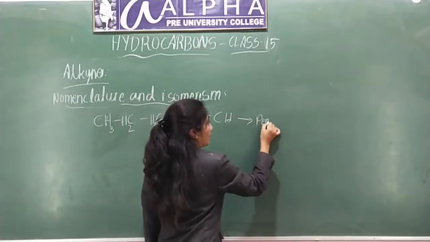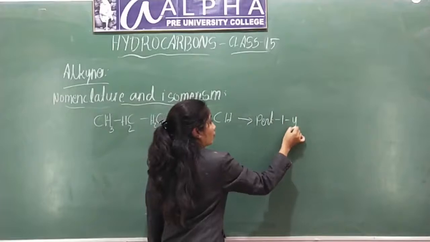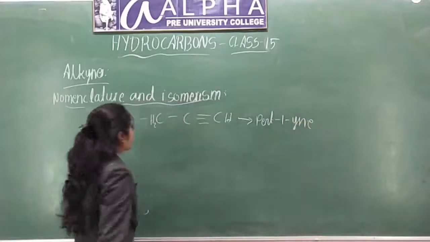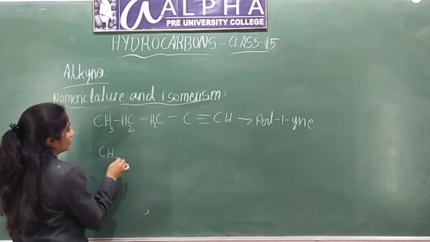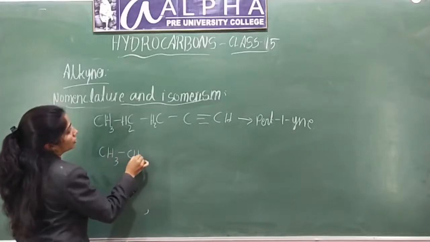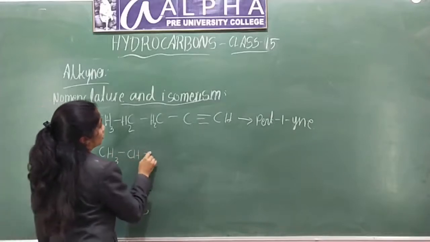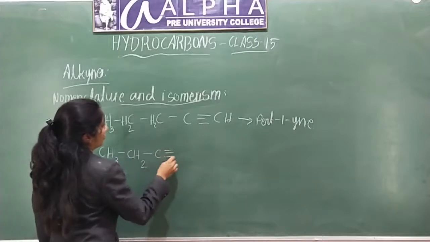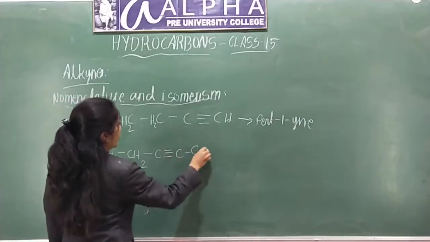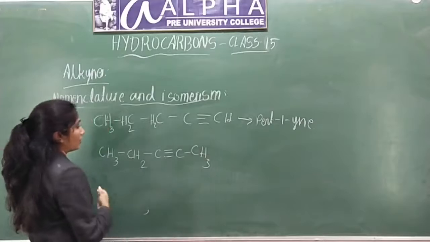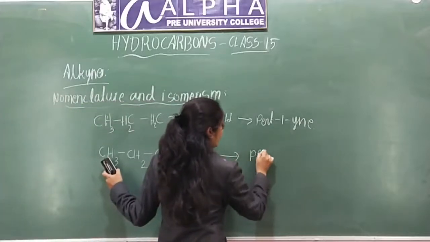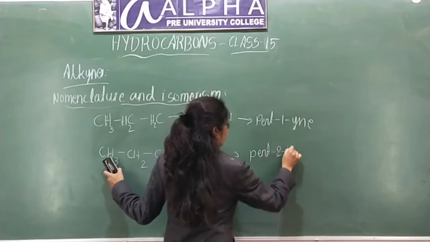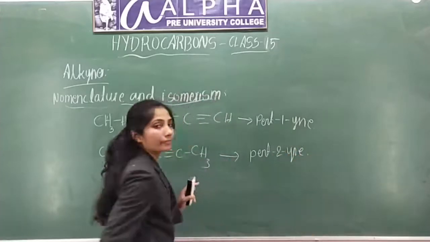Pent-1-yne. I will write one more compound, that is CH3, CH2, C triple bond C, CH3. What is the name of this compound? Pent-2-yne.